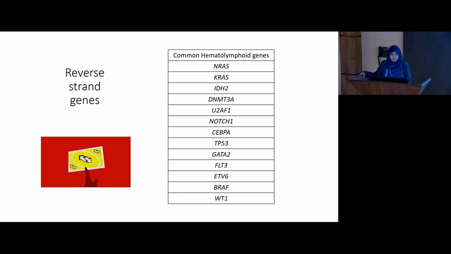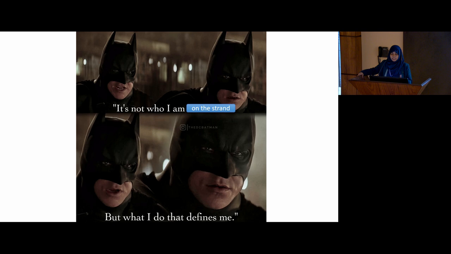These are the reverse strand genes that are common in hematolymphoid malignancies, like NRAS in our case, and other common ones like KRAS, IDH1, IDH2, DNMT3A, U2AF1. When we collected this, we realized a number of hematolymphoid genes are on the reverse strand. It doesn't matter where they are, their function is just the same.